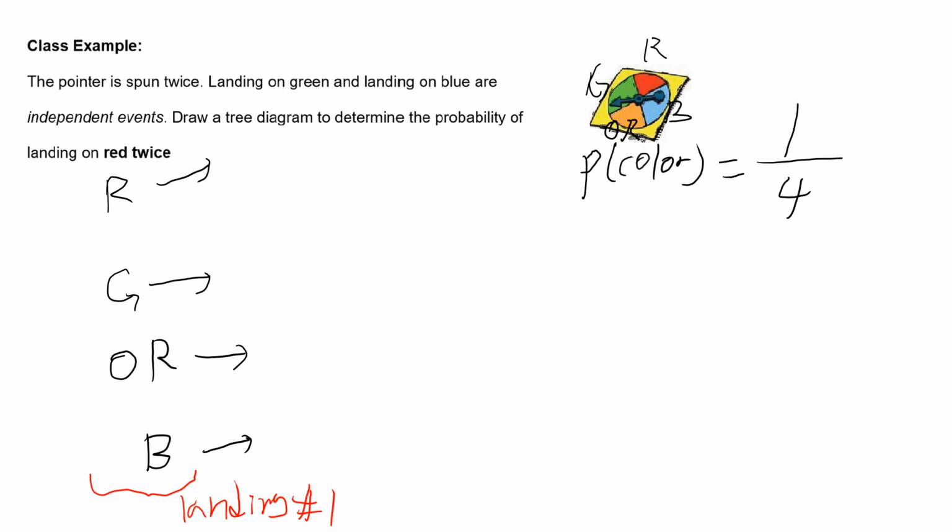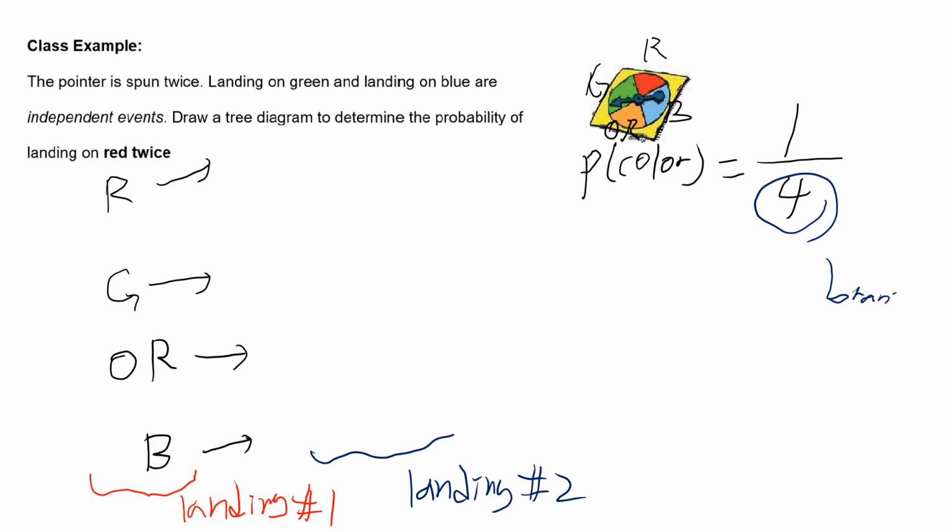Now, imagine you're running a second landing, aka you did it twice. That means you're going to have 4 branches again out of each possibility. So what do I mean by that? Red can have another red. Red can, however, have green next. Red can have orange after, or blue.